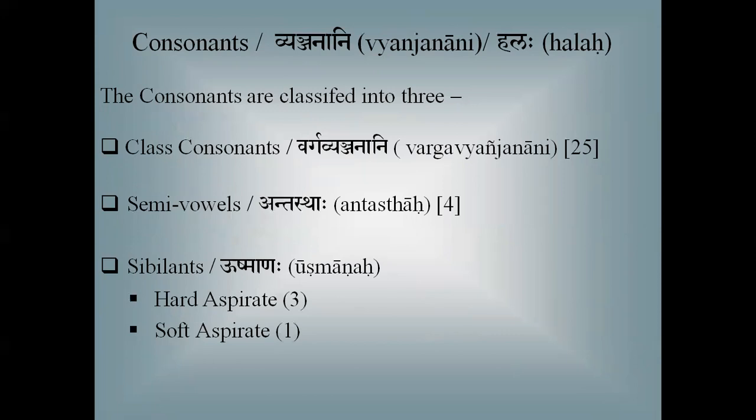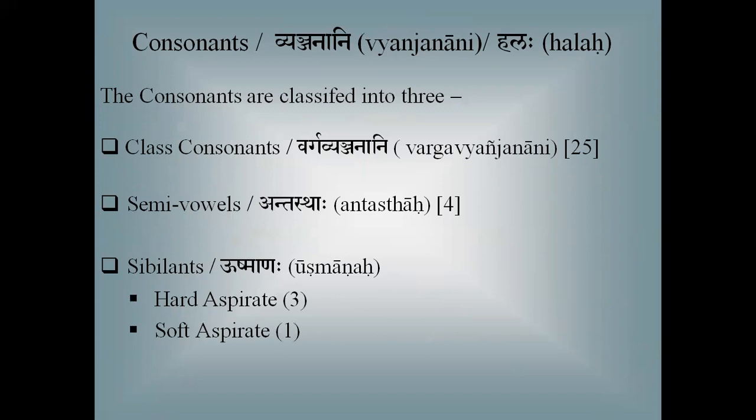And we have seen there are 5 groups, 5 classes. Each class having 5 consonants, therefore 25 class consonants, and 4 semi vowels and 4 sibilants. And among the 4 sibilants, three sibilants are hard aspirate and one sibilant is soft aspirate.